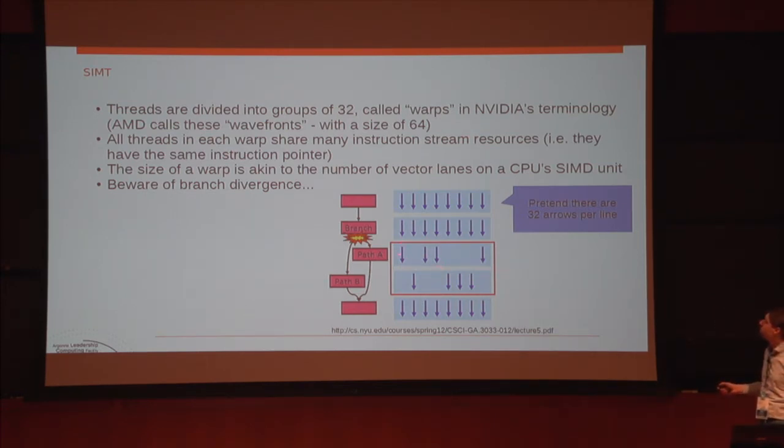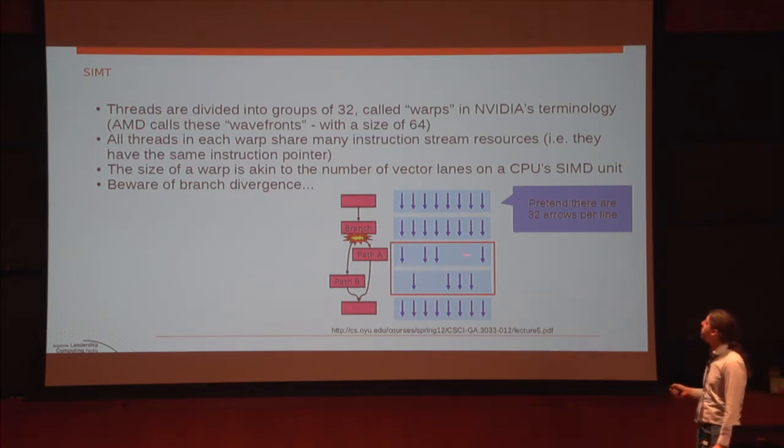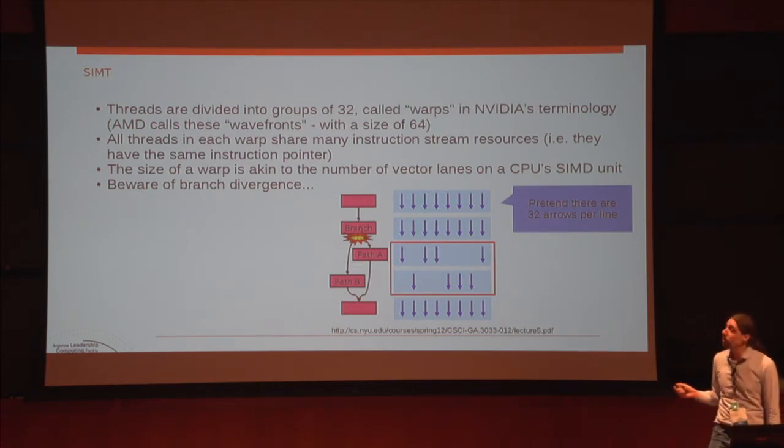The threads doing the first part do it, and the other ones are essentially waiting. Then you get to the second part, and the threads that executed path A wait, and the threads that needed to execute path B get their turn. And so when you have this kind of divergence, it leads directly to a loss of useful work.